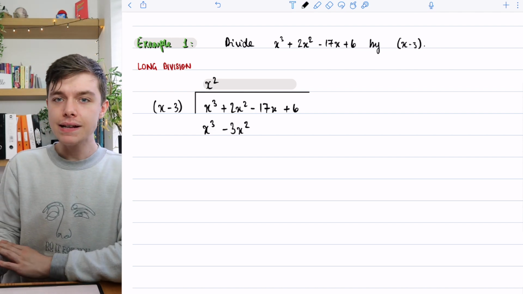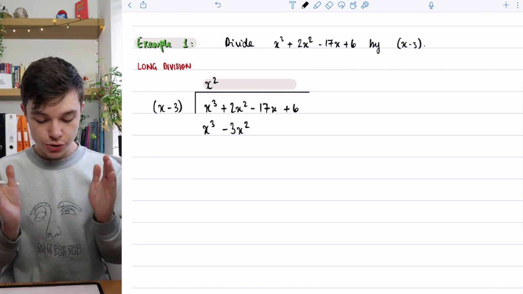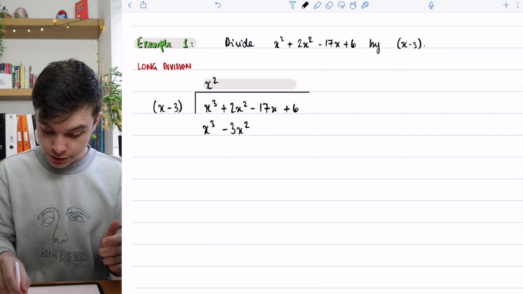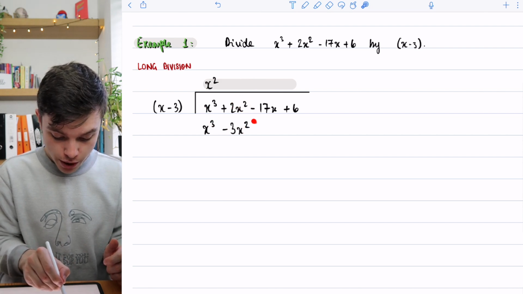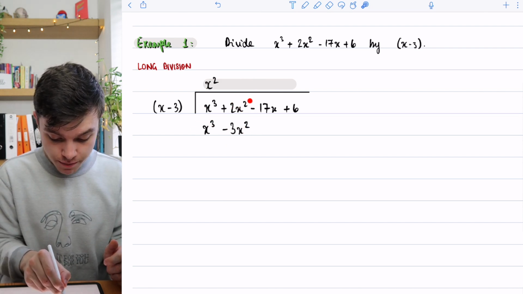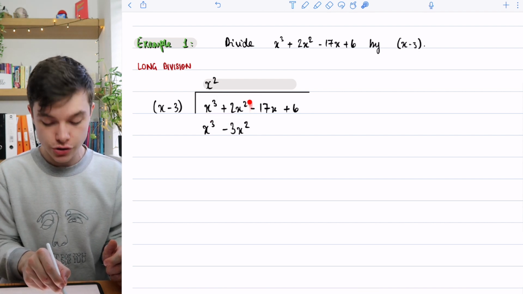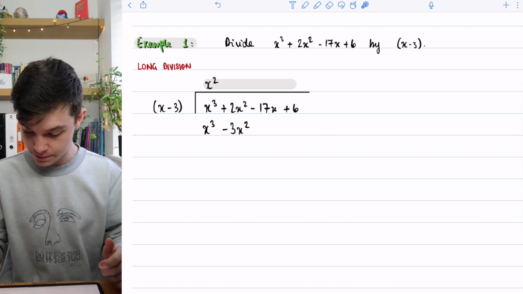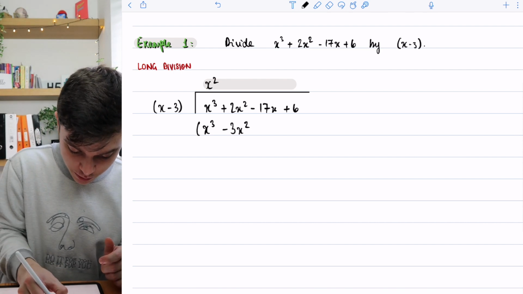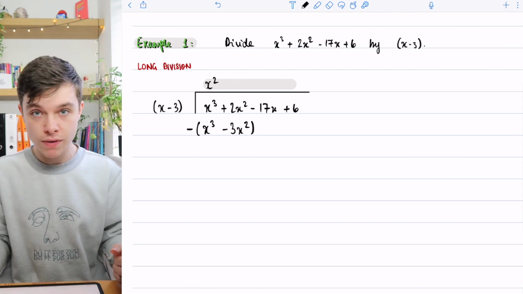We write it like that, and now we subtract these two terms from the first two terms under the lines. I like to put a bracket there because I'm subtracting, okay?